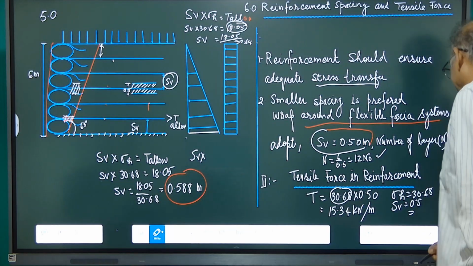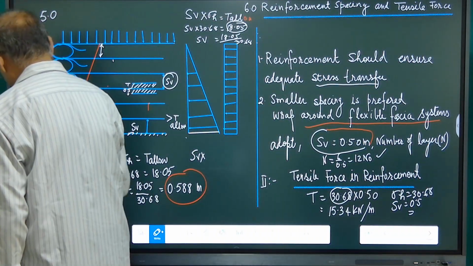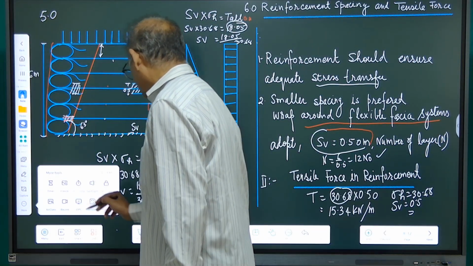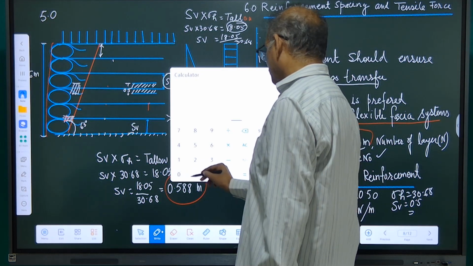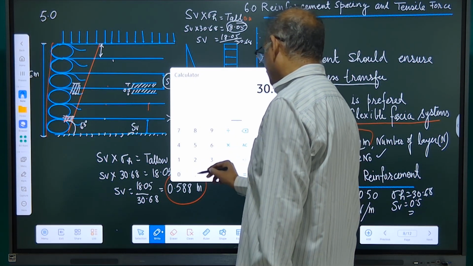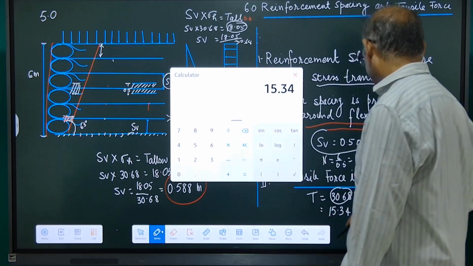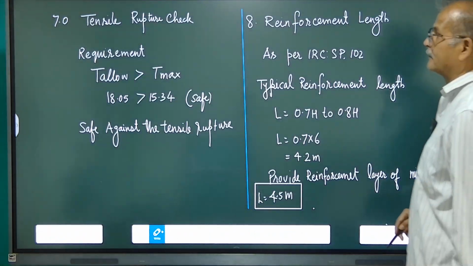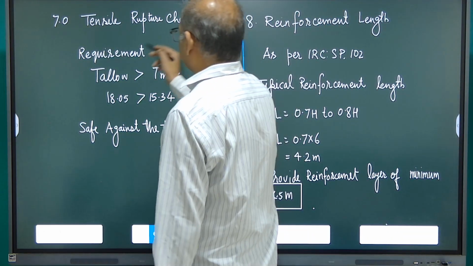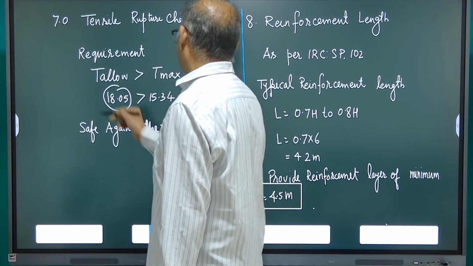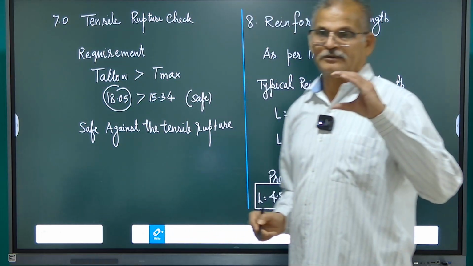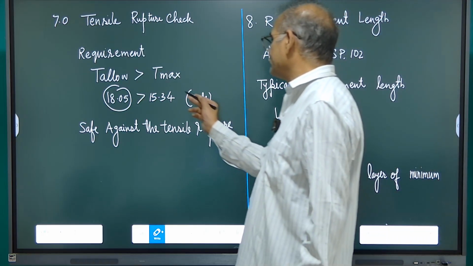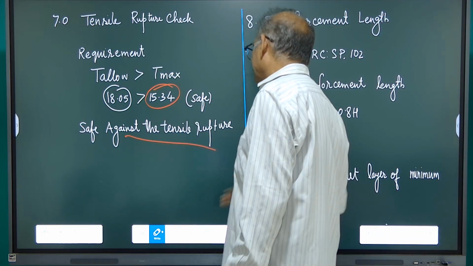So 30.68 into 0.5, it has come 15.34 kilonewton per meter. So now we can do the tensile rupture check. Requirement T allow is 18.05 and T maximum due to vertical spacing between the geotextile layers 0.5 has come 15.34, safe against the tensile rupture.